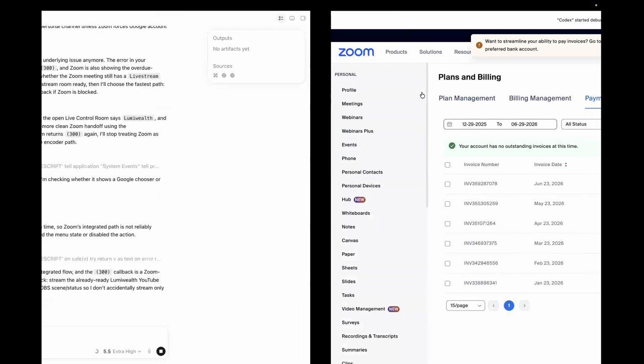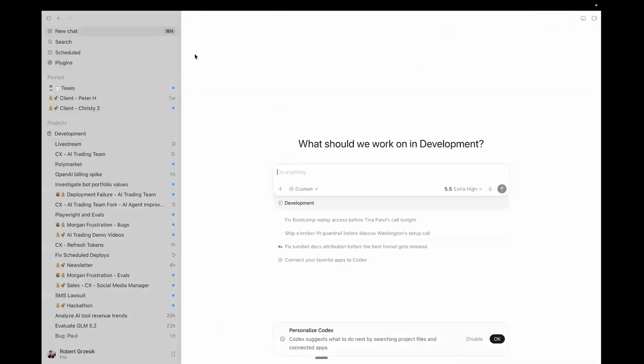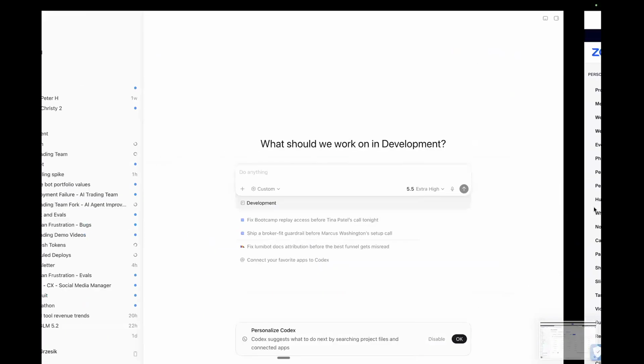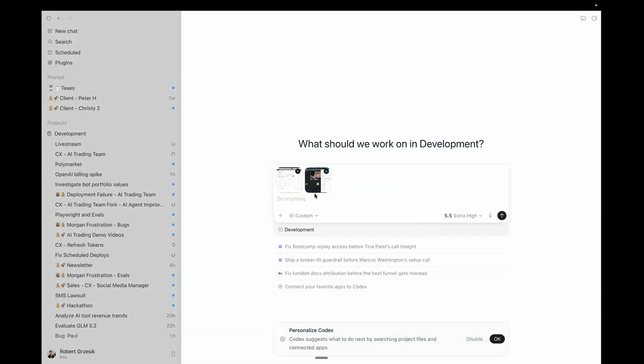Just because it's a little crazy that I have to pay Zoom $140 a month for some reason, I'm just gonna have my agent look into this too. Can you please investigate why my Zoom bill was so high the last month? And can we expect the same bill for the next month as well? Or is there some way that we're gonna reduce this?